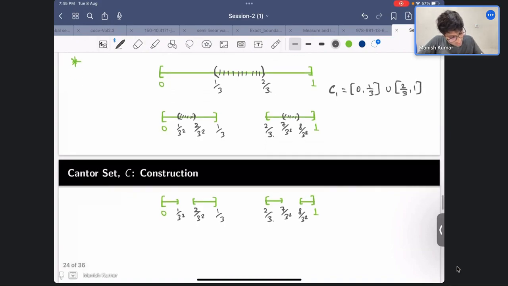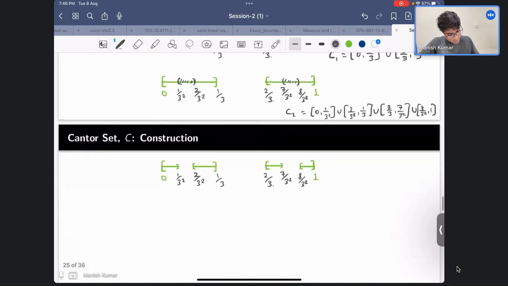C_2 is [0,1/3^2] union [2/3^2,3/3^2], which is 1/3, union [6/3^2,7/3^2], union [8/3^2,1].